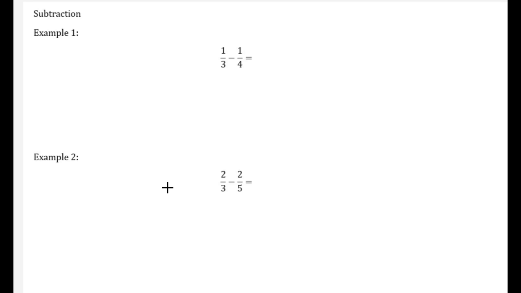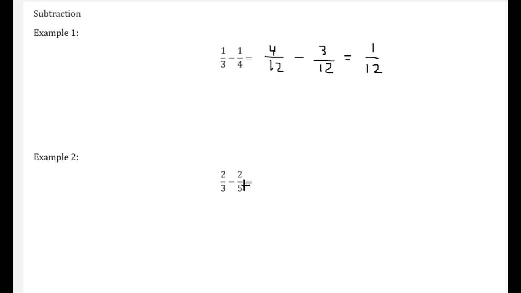Now we have two examples for subtraction. The method for addition and subtraction is the same. So again, you want to express both fractions with a common denominator. In this case it is 12, as we saw in the previous example. So 1/3 becomes 4/12ths, and 1/4 becomes 3/12ths. And in this case, we get 1/12.